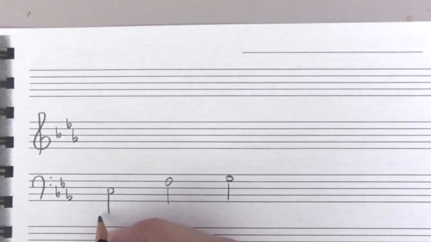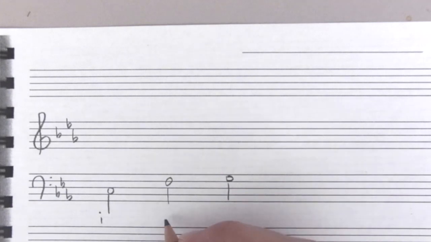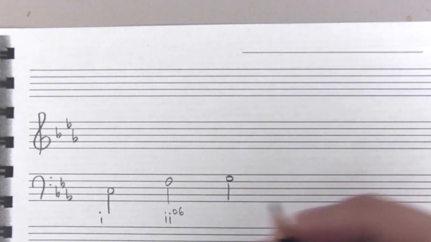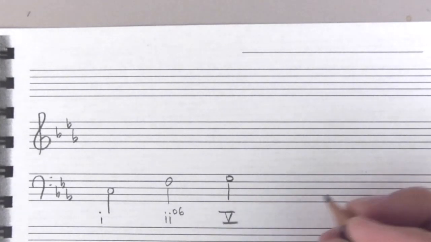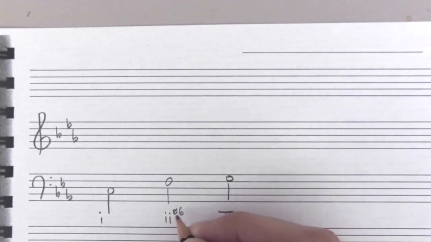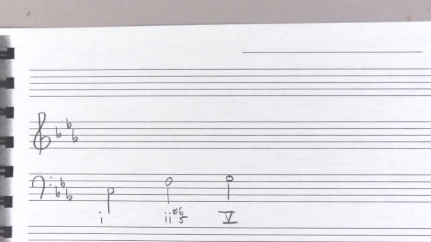Let's assume our Roman numerals might be something like 1, 2, 6, 5. It will eventually be 2, 6, 5. In fact, let's just say that our context is 2, 6, 5 to 5.